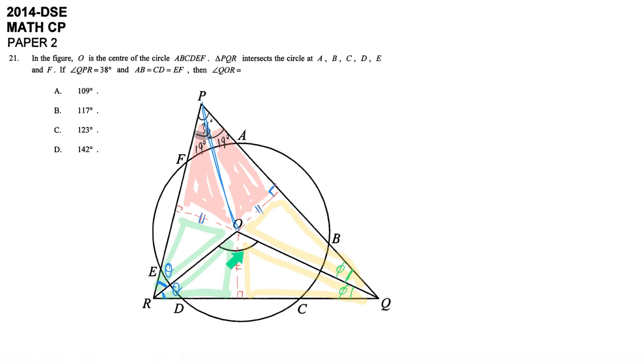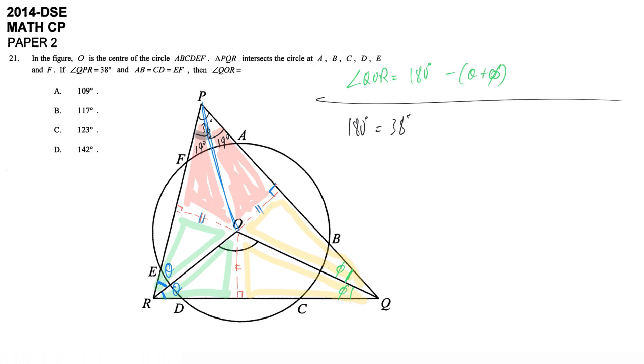Now we look at our target. What we want is this angle, angle QOR. So our target, angle QOR, is equal to 180 degrees minus theta together with phi. How do we get theta and phi? We can look at the big triangle, the whole triangle. Gathering some information, 180 degrees is equal to 38 degrees plus 2 theta plus 2 phi.